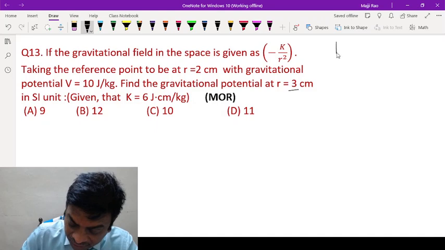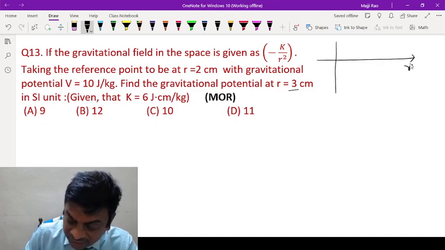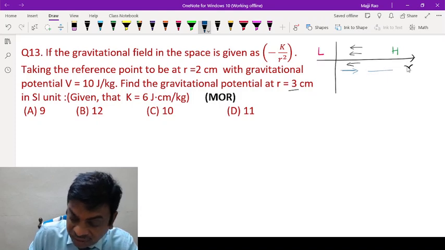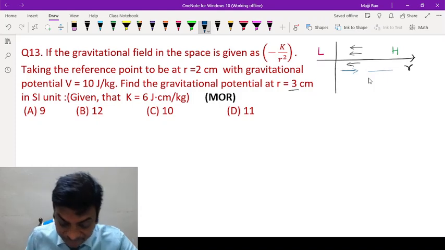Now students see here, suppose I take R axis as x axis. So as per the question, the field is in the negative direction, so this way. Okay, as you know, field lines are always directed from higher potential to lower potential. In other words, as you move towards positive R direction, towards right, potential will increase.